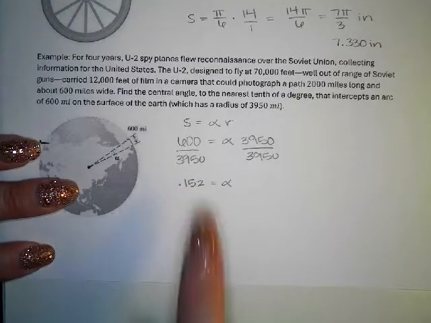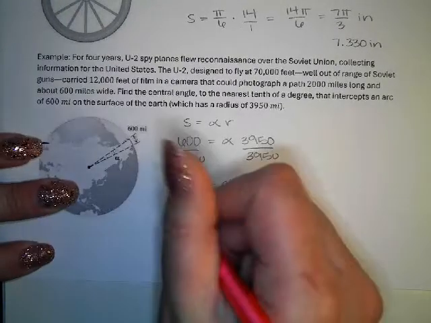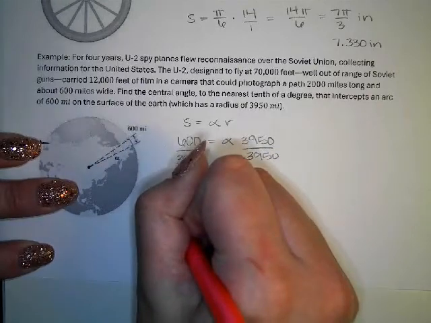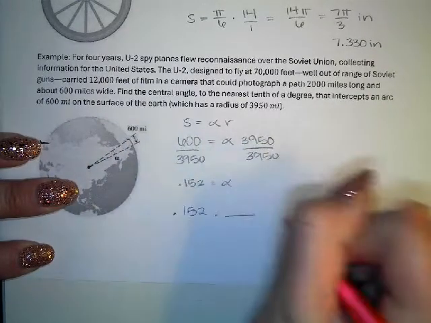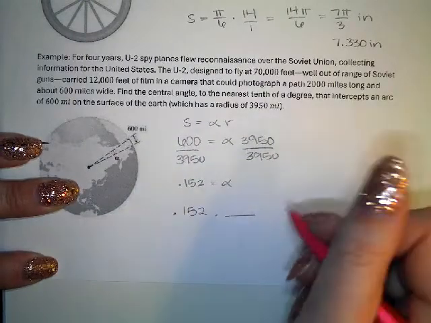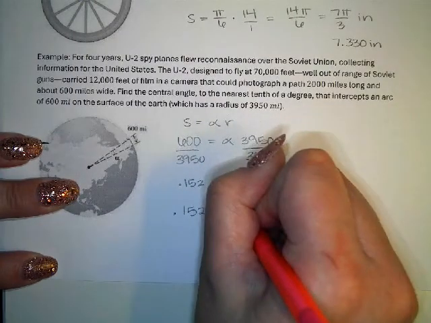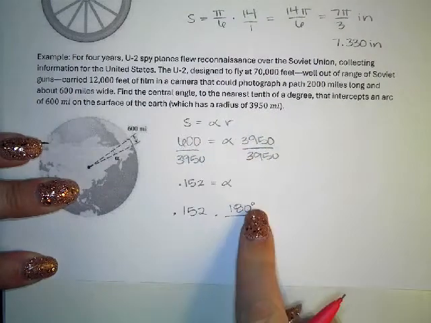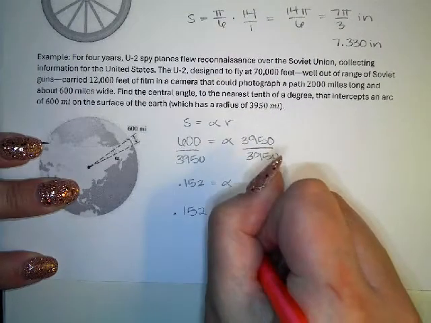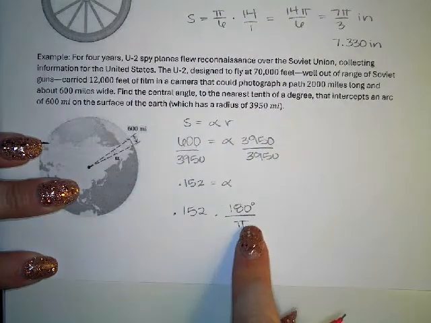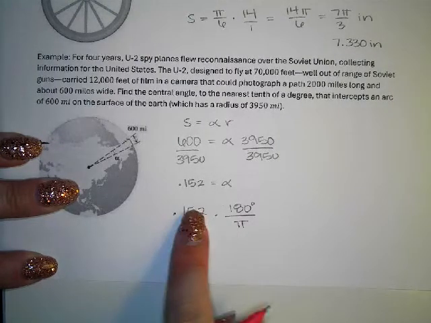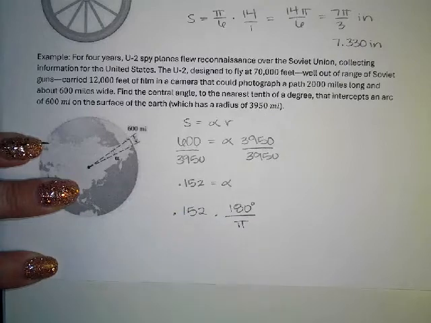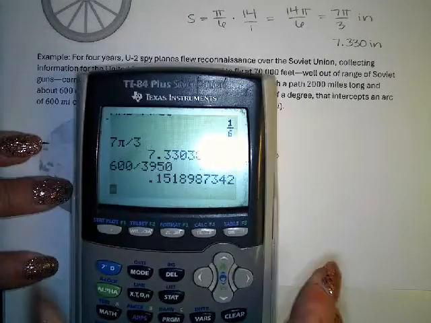All right, so I need to take this and convert it into degrees. So 0.152 times, if I'm converting it into degrees, then I need the degree to be introduced. So I'm introducing the degree bubble. I'm going to divide by radians to cancel out the radians. And then since there is no pi to cancel out on top and bottom, I'm actually going to type it into my calculator. So I've got this decimal. I'm going to multiply by 180 and divide by pi.